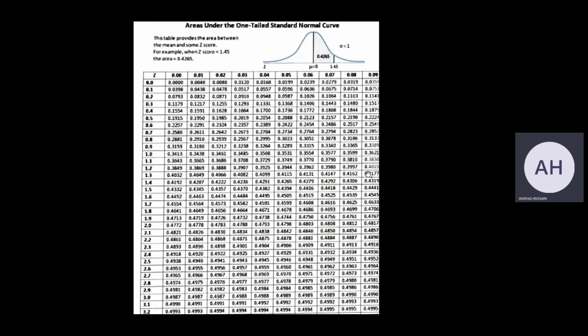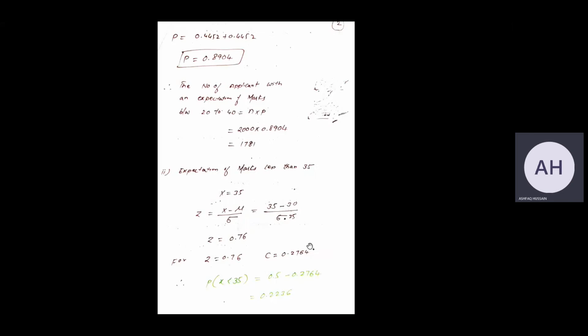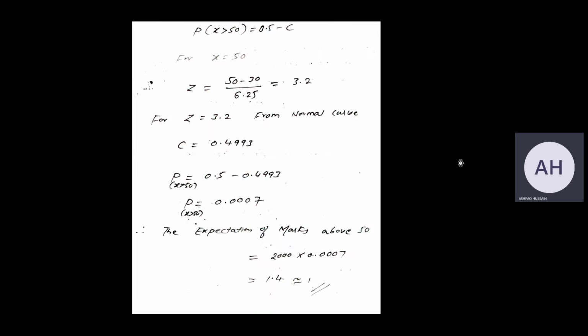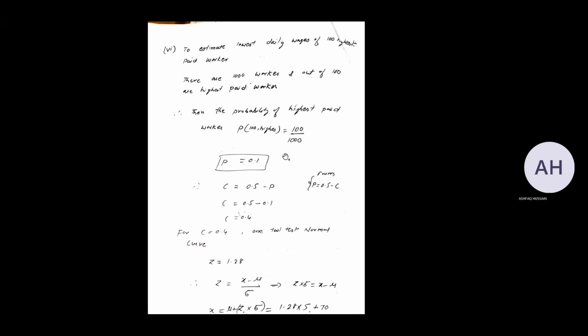After that it will be 0.40, which is going beyond 0.40. So I can take this value. This value gives Z as 1.2 plus 0.08. Just observe here 0.3997, so 1.2 plus 0.008 is equal to 1.28. I hope this is clear.